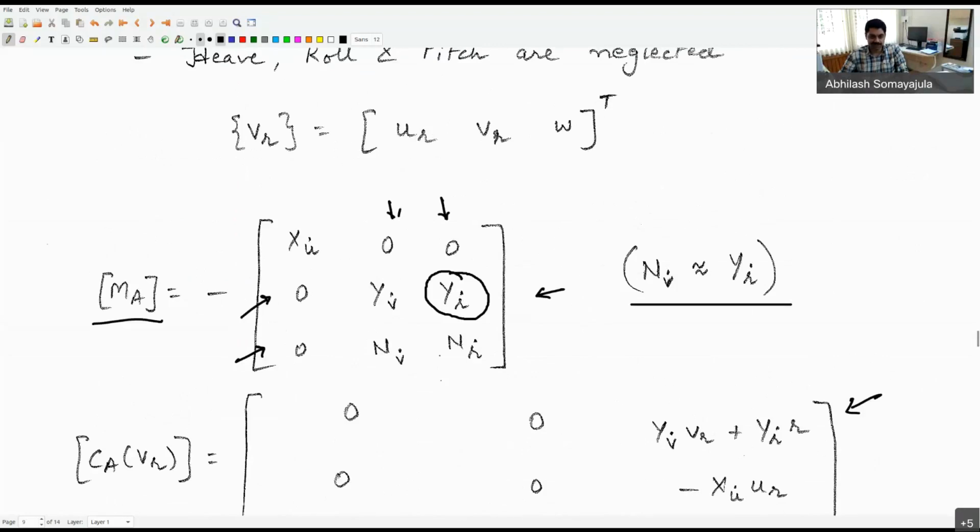It represents the so-called inertial force which will occur in sway due to a movement of the vessel in yaw. Which means that if I yaw my vessel, there will not only be a moment generated, but there will also be a force generated, and that force is the sway force.